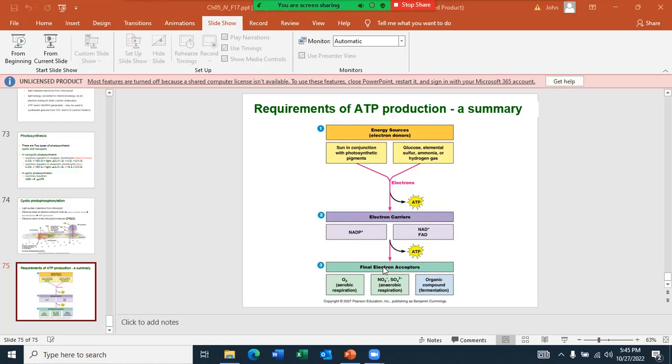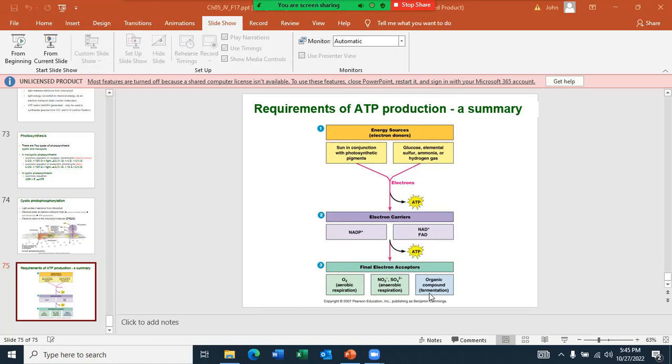And then the electron acceptors can vary. For aerobic respiration, the final electron acceptor is oxygen. For anaerobic respiration, the molecule is some other molecule other than oxygen.